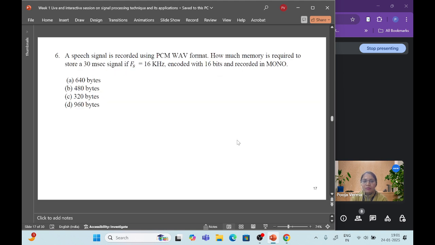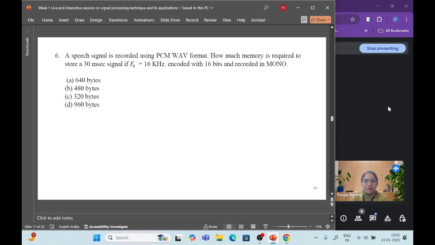Now the next question: a speech signal is recorded using PCM in WAV format. How much memory is required to store a 30 millisecond signal if Fs is equal to 16 kilohertz, encoded with 16 bits and recorded in mono?